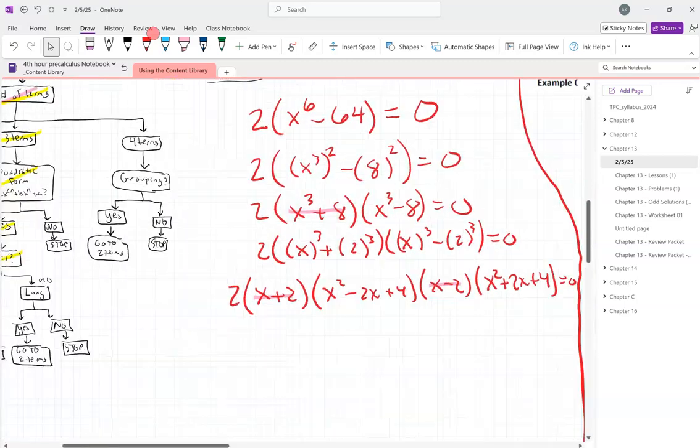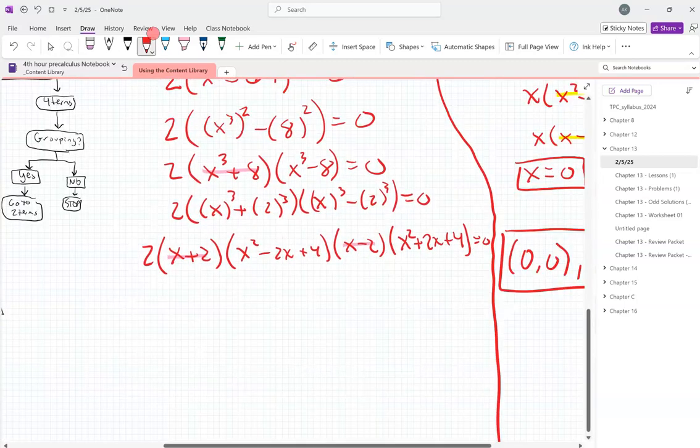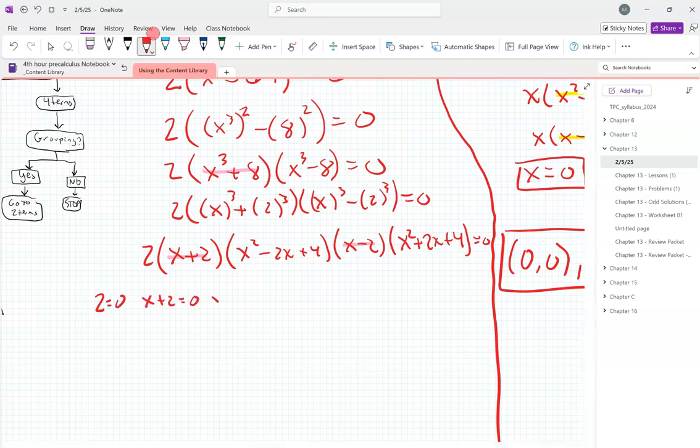Okay, so we got these guys. Then we take each factor and set it equal to 0. Now, 2 is not equal to 0. That has no solution. I have x equals -2. As we just discussed, those trinomials have no real solution.